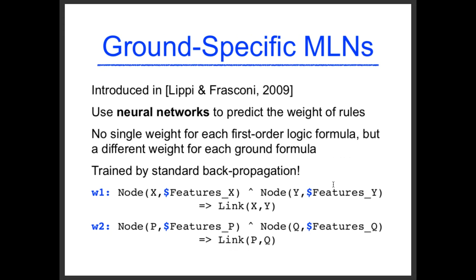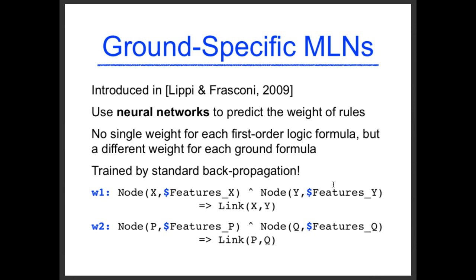And so these neural networks could use any kind of features, including continuous features. Okay, if you are interested in these, I will send you references to our paper. There is also an implementation, which is a plugin of Alchemy.